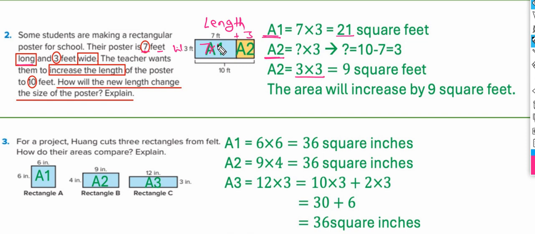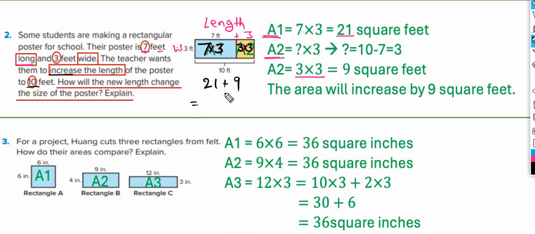This is 7 times 3 and this is 3 times 3. Let me use a different color. 7 times 3 and 3 times 3. Increase to 10, right? So 7 times 3 is 21 plus 3 times 3 is 9.